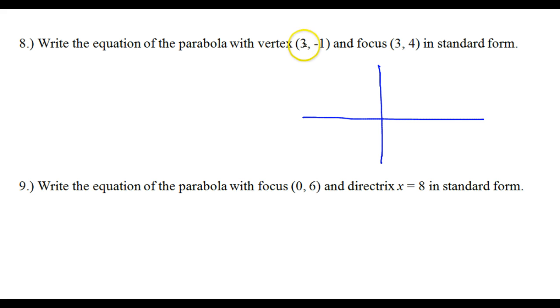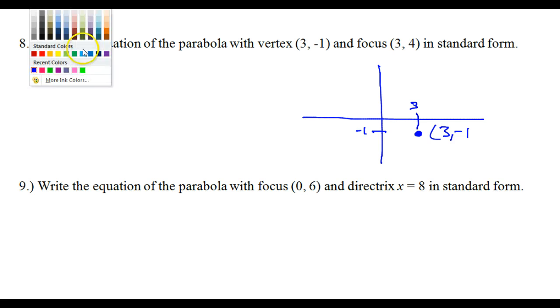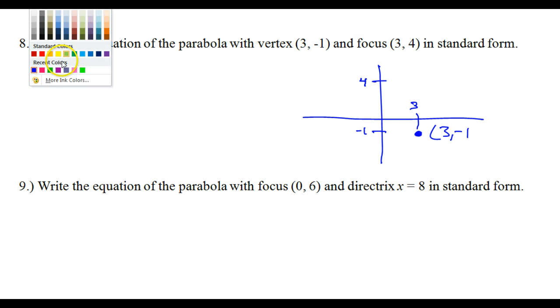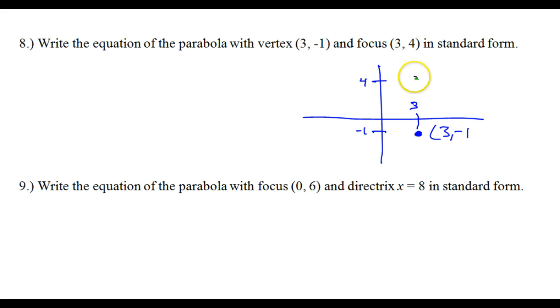If the vertex is at 3, -1, imagine this is 3 and this is -1. So this is the point 3, -1. Now the focus is the point 3, 4. So 3, 4 is like over 3 up 4. So that's going to be like here.